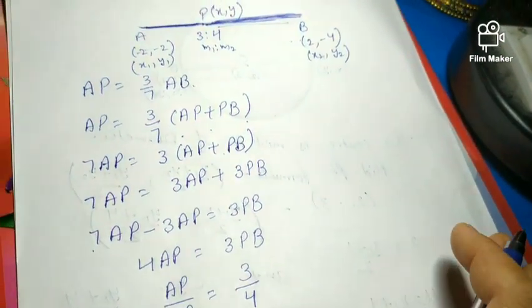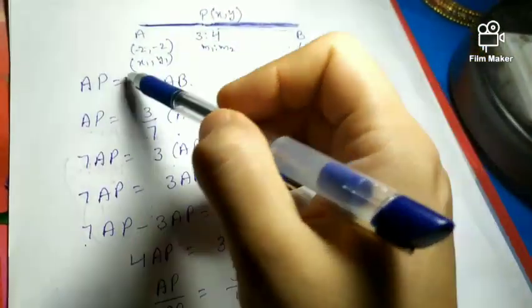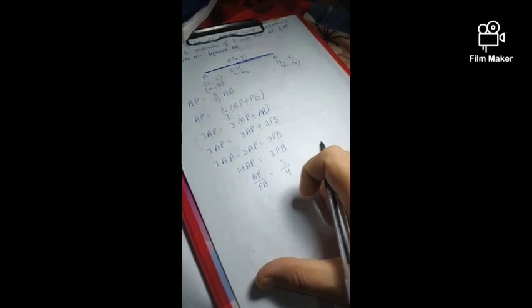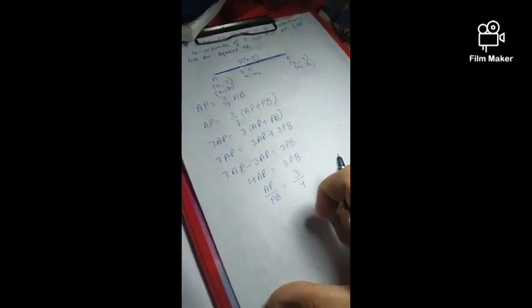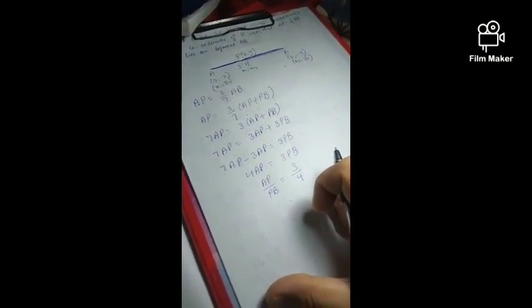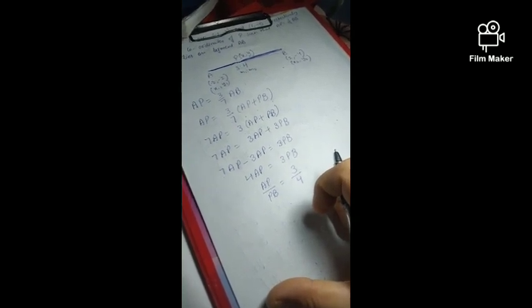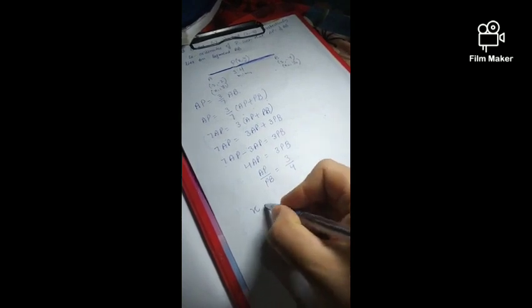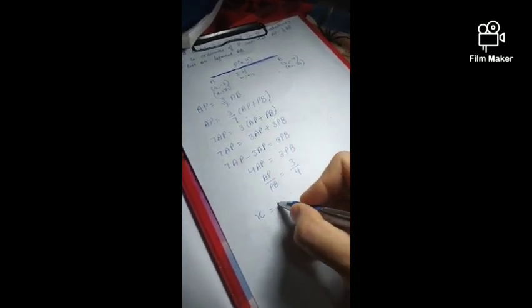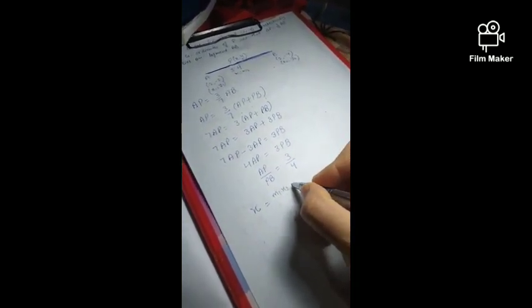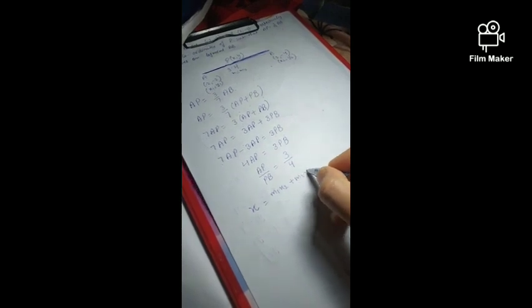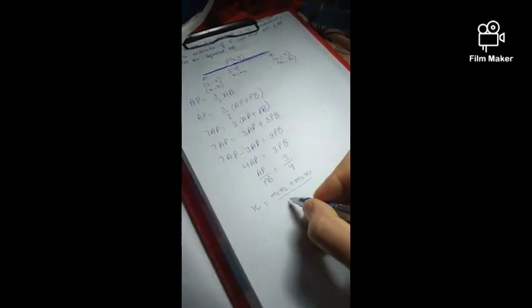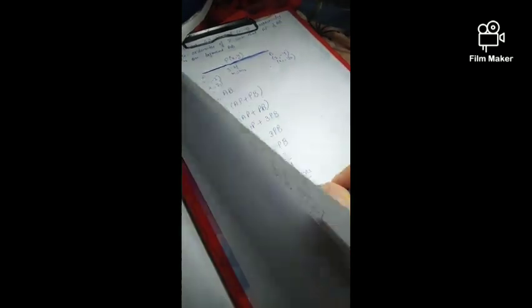Now we will find the coordinates of the point P by using section formula. So x will be equals to, the formula is m1 x2 plus m2 x1 divided by m1 plus m2.